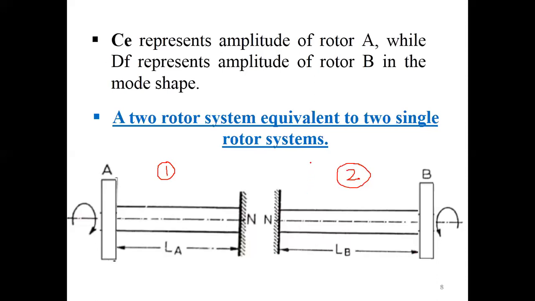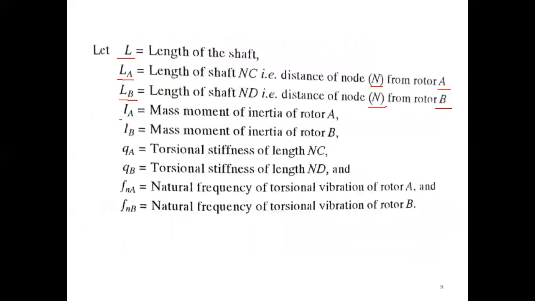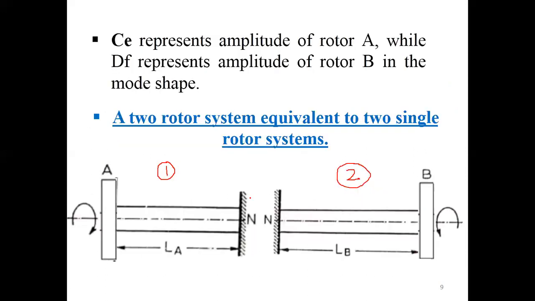Now we will look into the other details of these two single rotor systems, that is IA and IB, which are the mass moment of inertia of rotor A and rotor B respectively. Then QA and QB, the torsional stiffness along length LA and length LB.